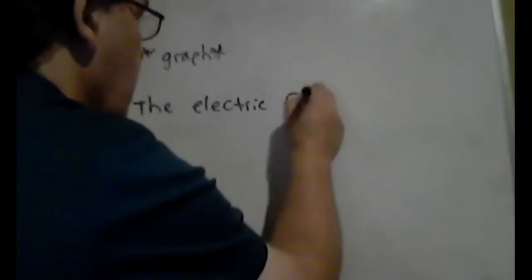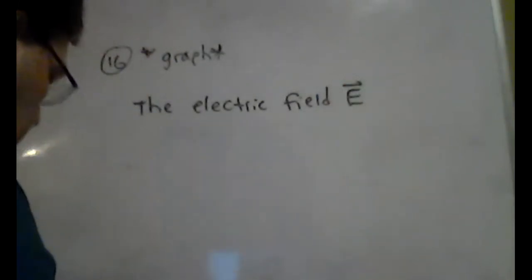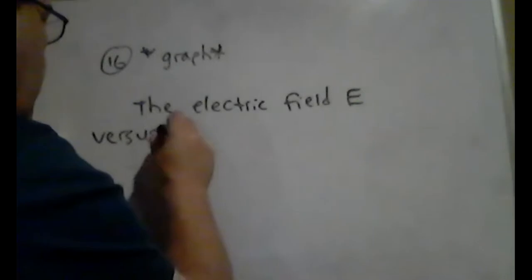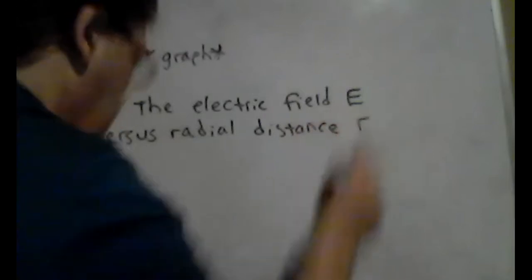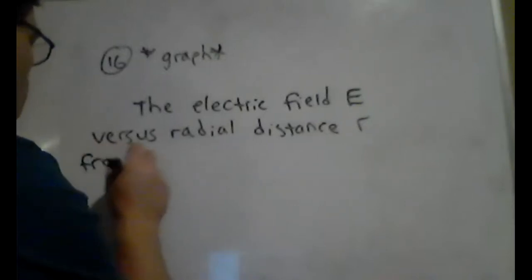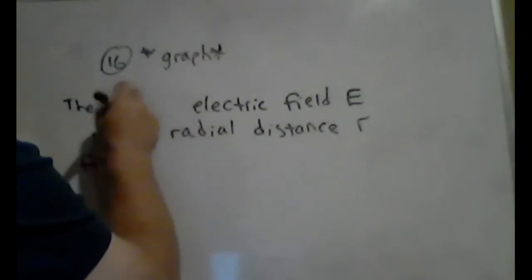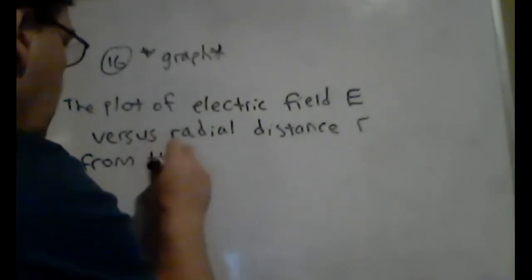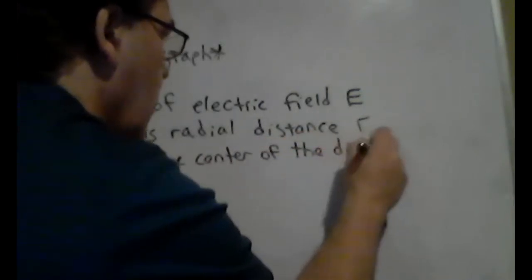Electric field E versus radial distance, I'll just say magnitude, R from the center of the dipole, or the plot of electric field E versus radial distance R from the center of the dipole is attached.